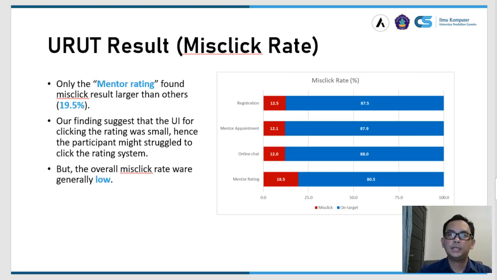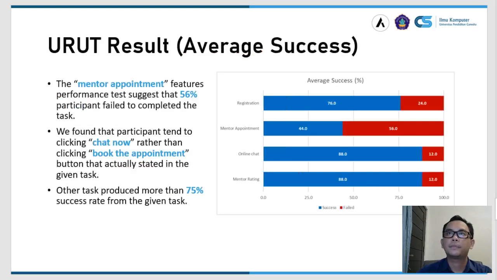The feature is the mentor rating, and our findings suggest that the UI for clicking the rating was relatively small because the star system that we use is relatively small in size. Participants might struggle to click the star rating system. This is the only large misclick that we found in the application.